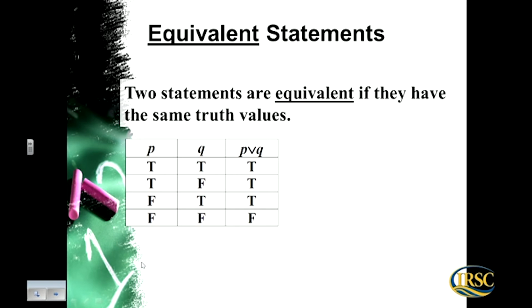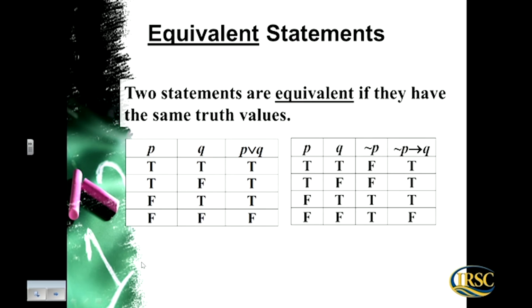For your other truth table, you had a P and a Q with the same pattern, but then you had to do the not P, and then the if not P, then Q. Remember that not P was your if, and Q is your then, and the only time an if-then statement is false is when you have if true, then false.